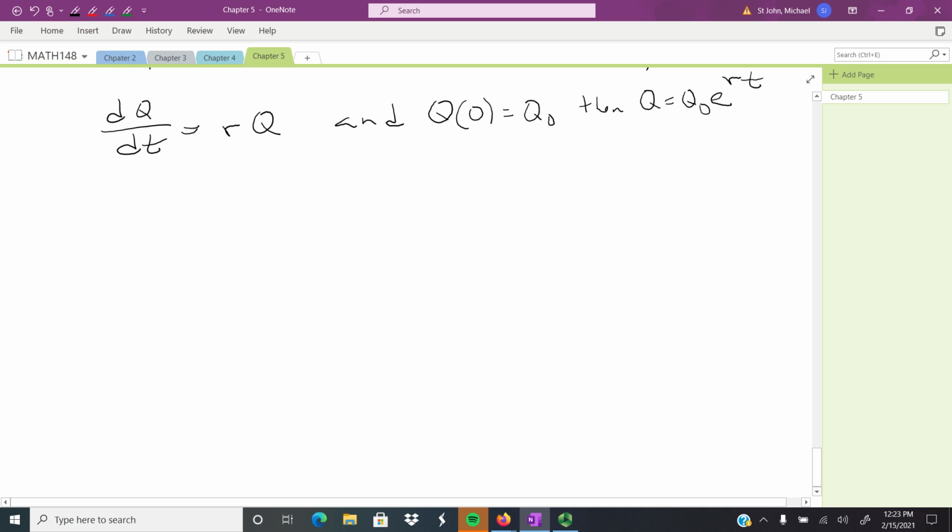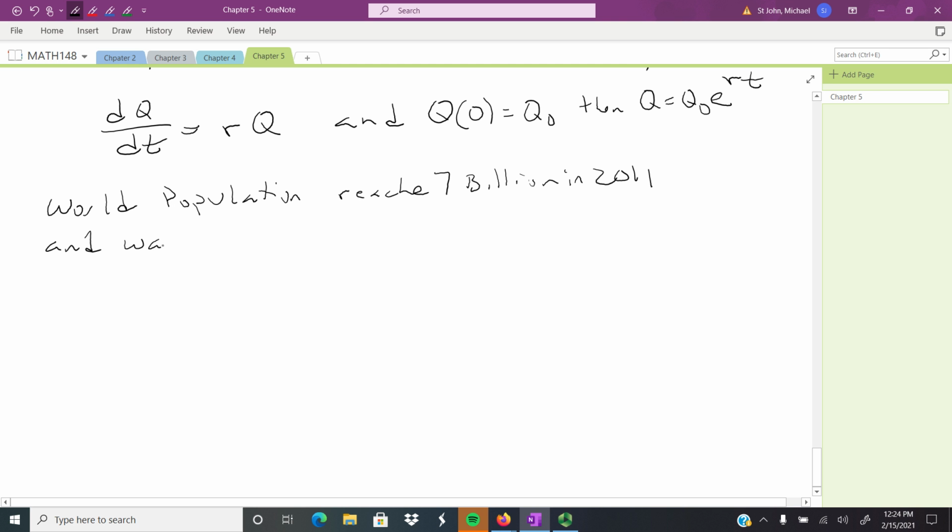So given something like this, given that the world population reached 7 billion in 2011 and was 6 billion in 1999, Q naught is going to equal 6.